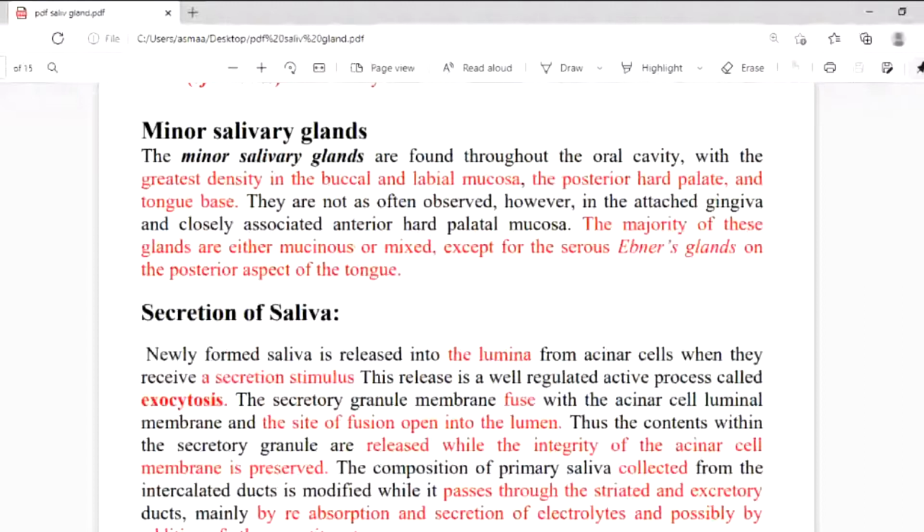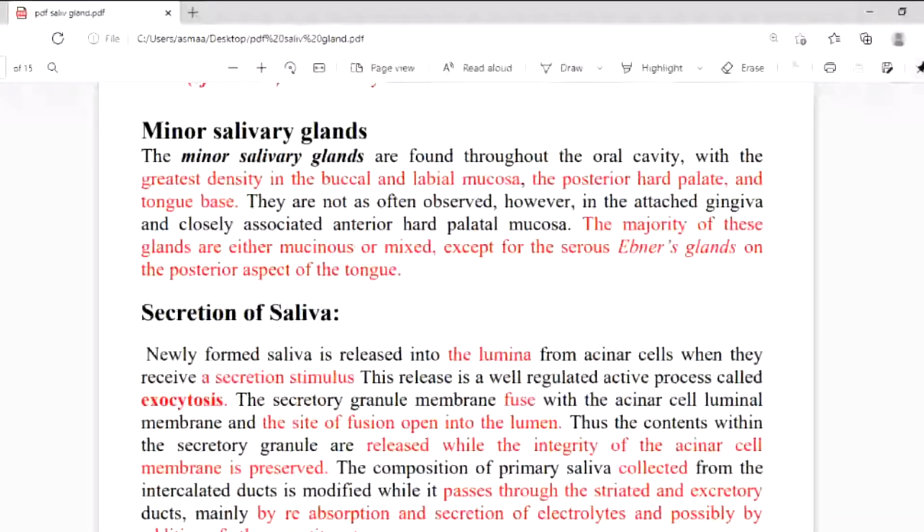However, in the attached gingiva, we do not always see minor glands, nor in the closely associated anterior hard palatal mucosa. The majority of these glands are either mucinous or mixed, meaning mucinous and serous, except for the serous Ebner's glands on the posterior aspect of the tongue, which are serous only. But most minor glands are mixed.